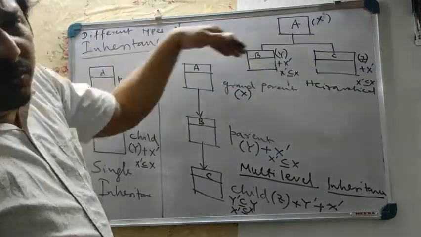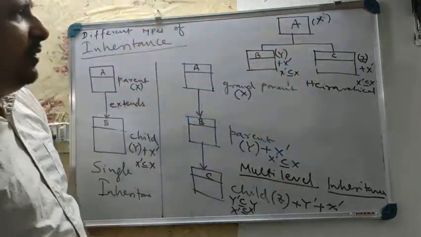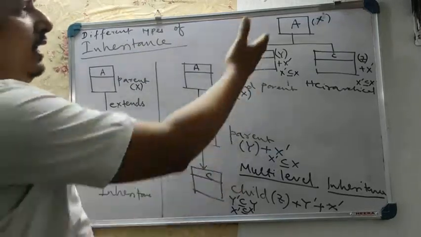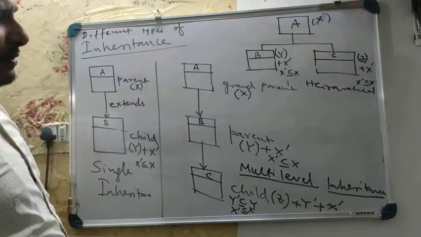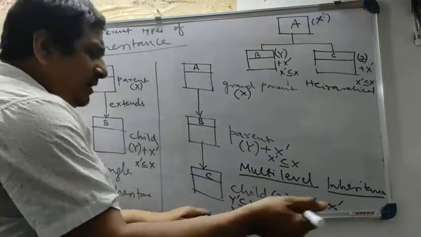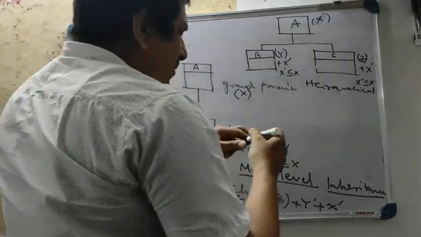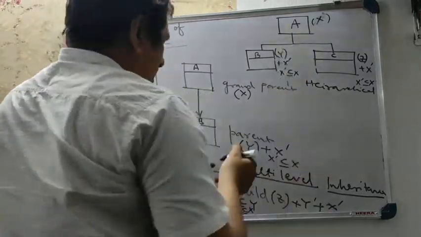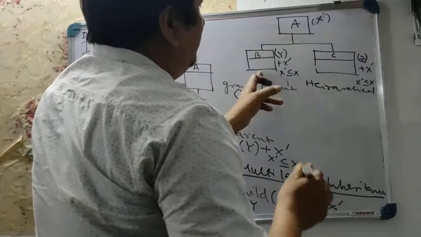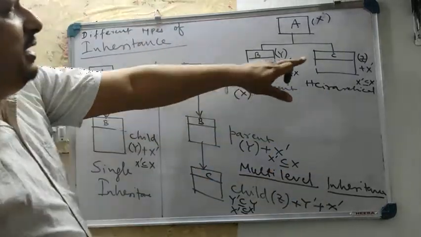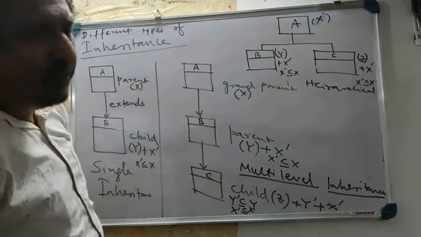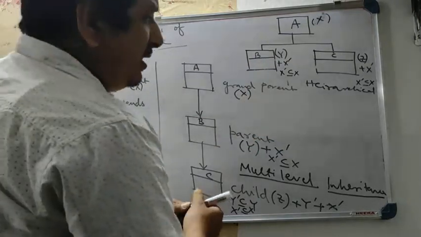You may have any number of different children, and everybody will get access to A. So this is one of the very useful ways of writing a program. Think that if I have one class and I have made two different separate classes, everybody will get a share of A whenever it requires. So this is hierarchical inheritance.